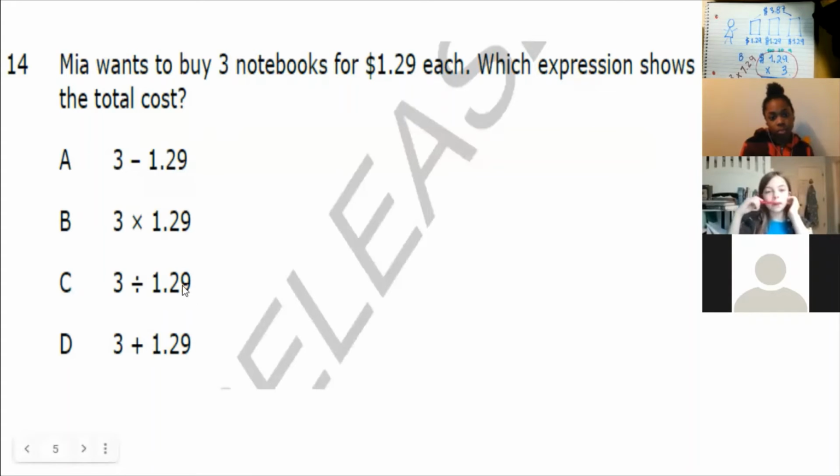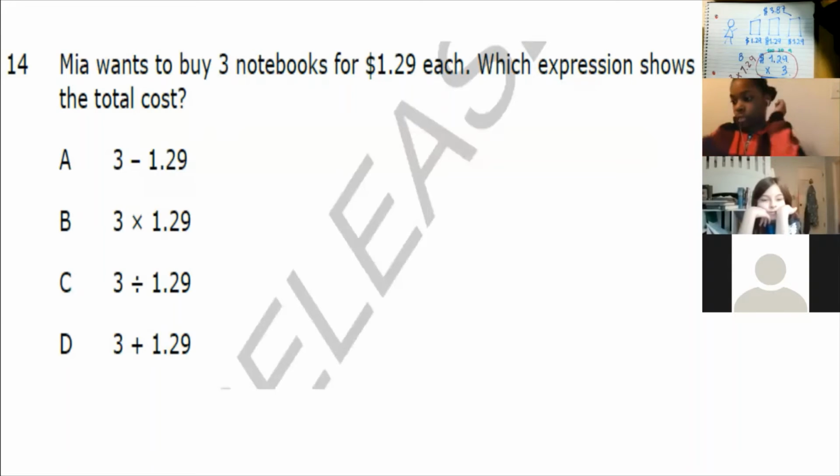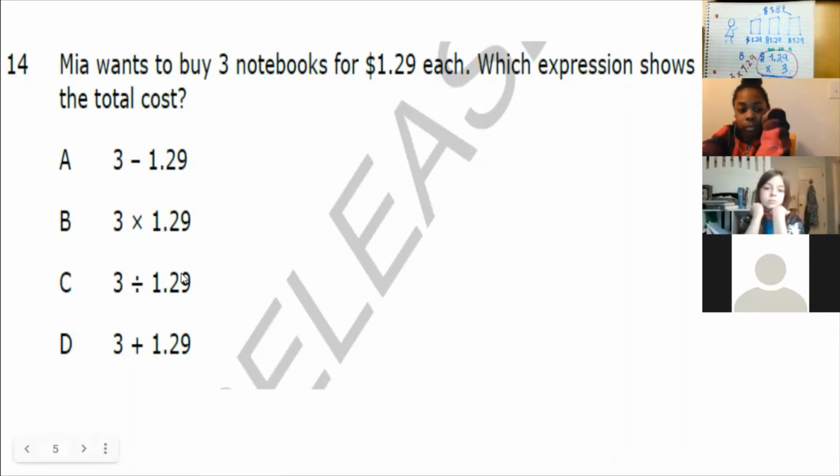It is not division, because if it were division, it would sound like I bought notebooks and they cost $3.87. Each of them cost $1.29. How many notebooks did I buy? That would be a division problem because we would be going backwards, right?